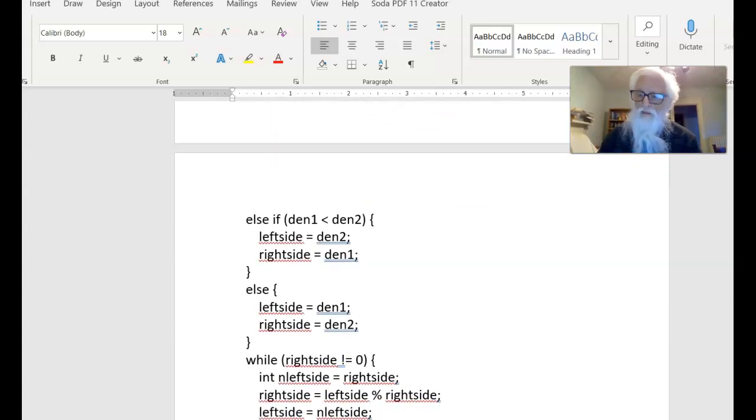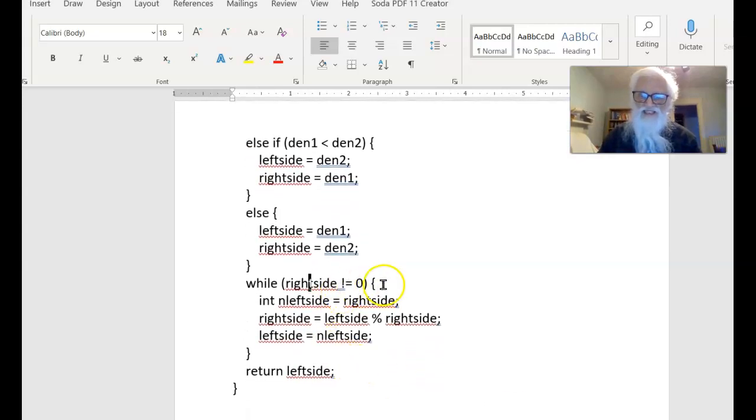So now, while the right side does not equal 0, actually I went one step further than I did up there. I compute the new left side to be the right side. I'm just passing it over. And then the right side equals the left side mod the right side. And then the left side equals what I had computed.